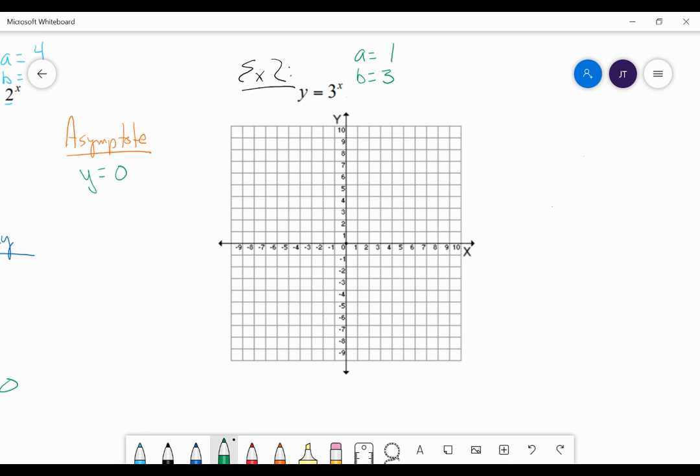So your initial value is your A, which is 1. That's also your y-intercept, so we're going to go ahead and graph that. Now we're going to look at growth or decay. Well, B is 3, so this is growth.